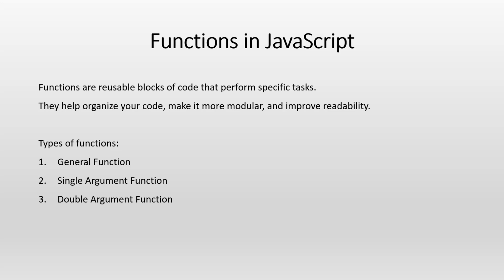So let us understand this definition, what it is trying to say. Functions are reusable blocks of code that perform specific tasks. Okay. But loops are somewhat different. What are loops?